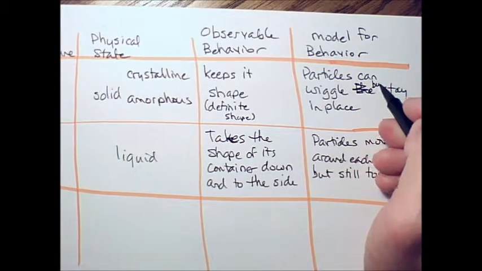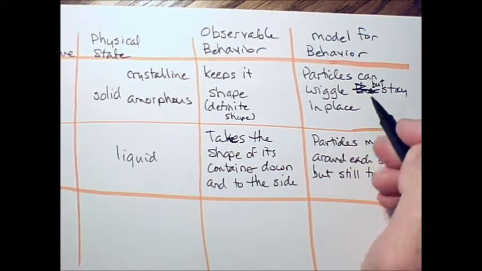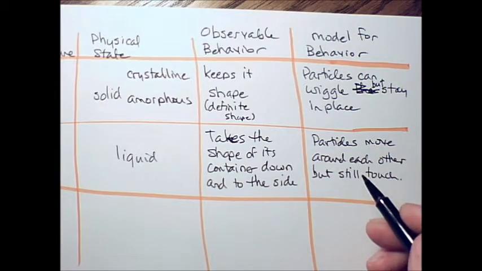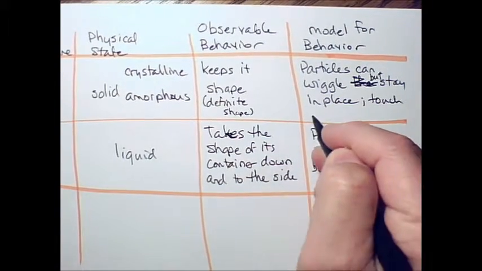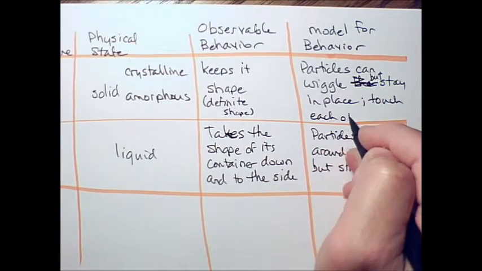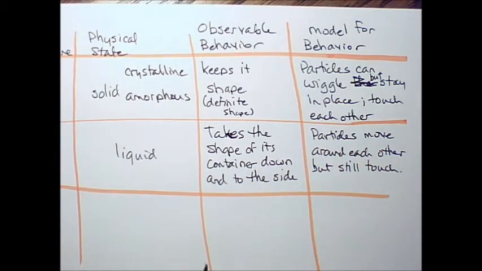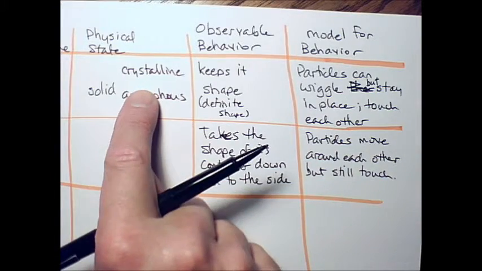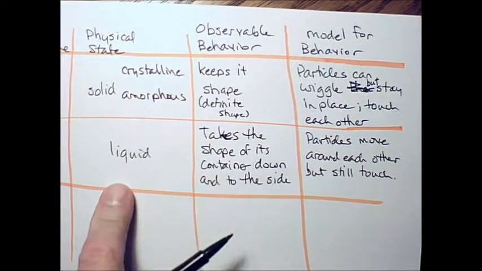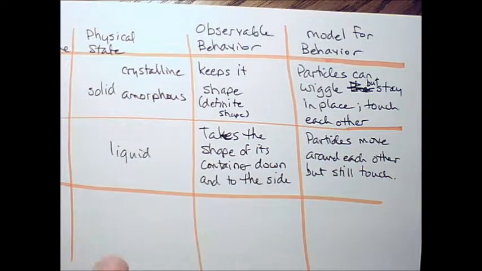They also touch each other. They stay in place, although they do wiggle around. So we have a substance that could be a solid if it's cold enough. If you raise the temperature, you can get a liquid. If you raise it some more, it's going to be a gas.